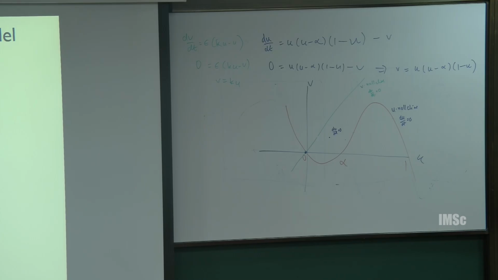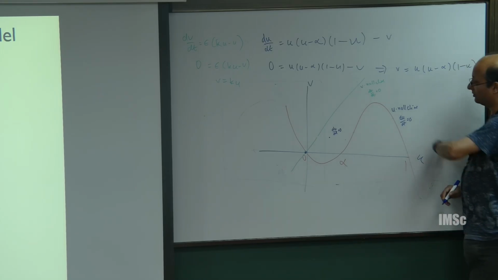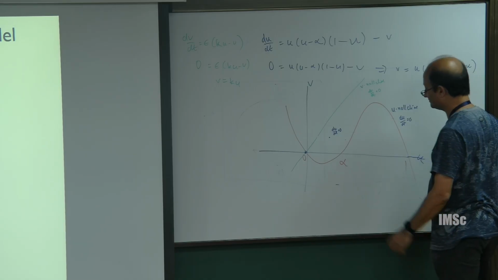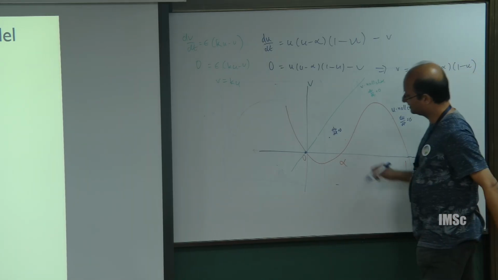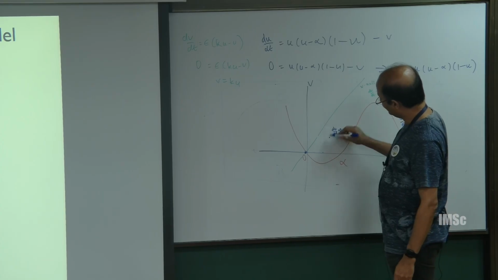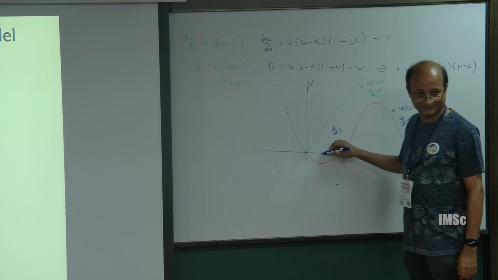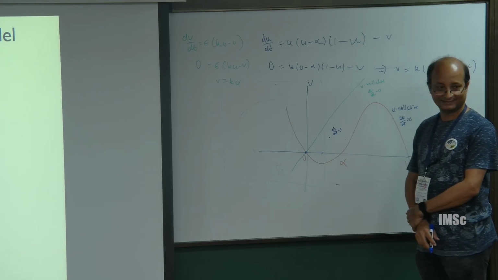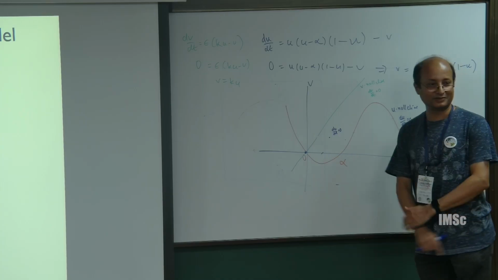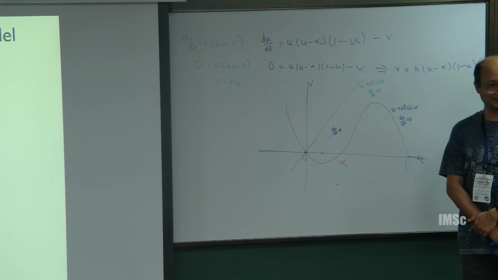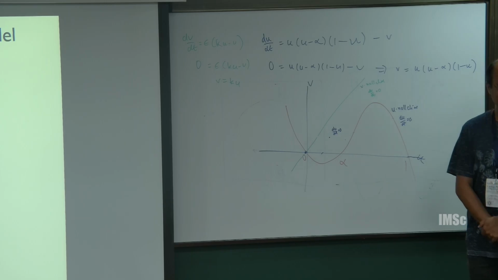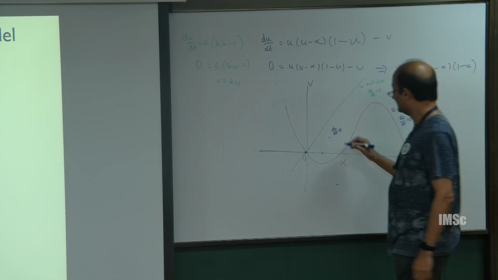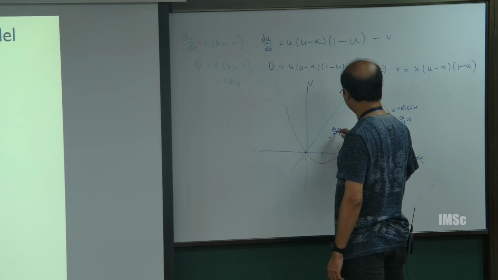If you actually think about it a bit, what is this region? Whatever is going to be true here is also going to be true here. If you are here, which way should you go? Towards 0. So du/dt here is actually negative.